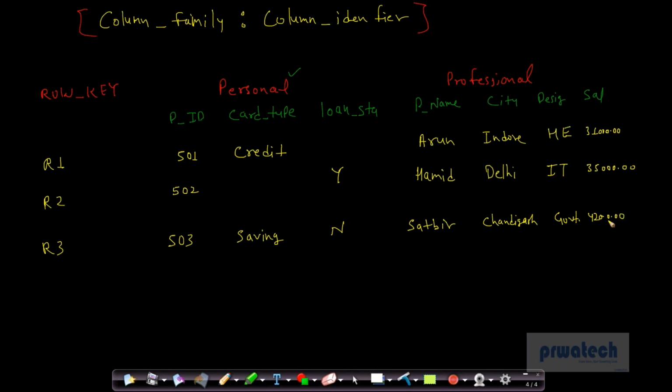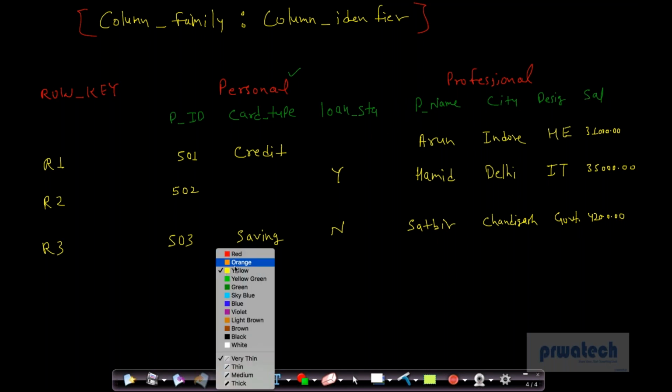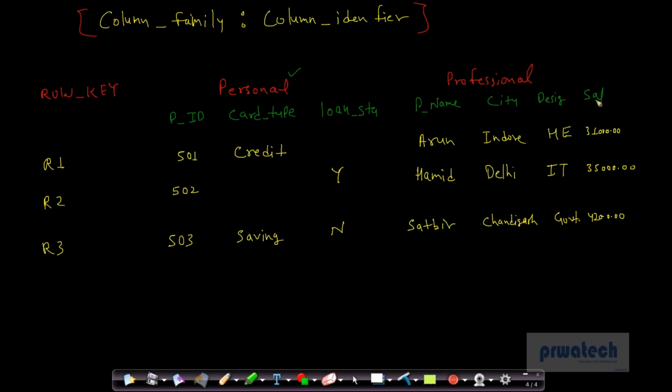And I want to create one more column identifier for this person. Since there is space left, I'll write it here, because this is just a visual of how your column identifier will look. This is separate, so let me take a line here.